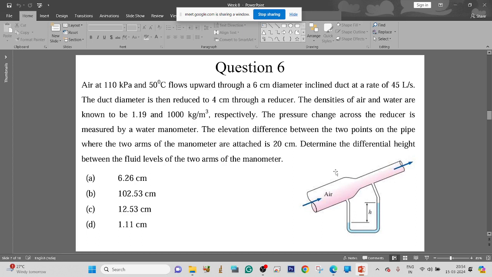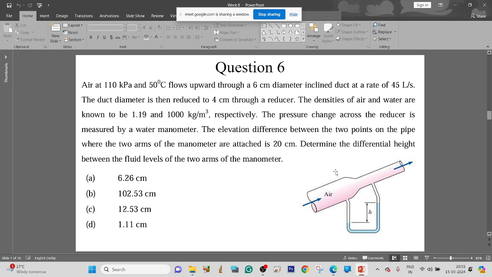Okay, so let us solve this up then. Here, this is the duct. So here, 4 centimeter. This is 6 centimeter. And this is 45 liter per second.